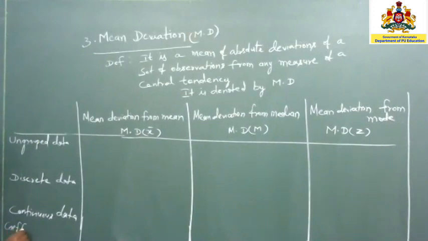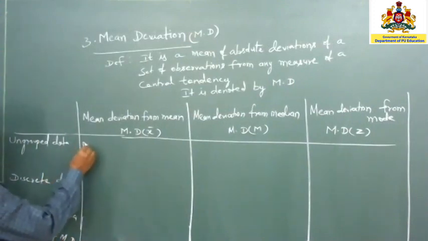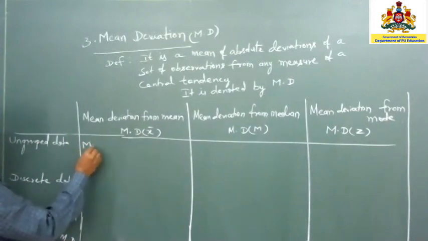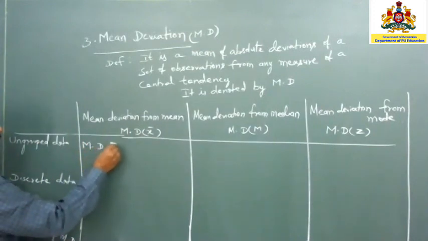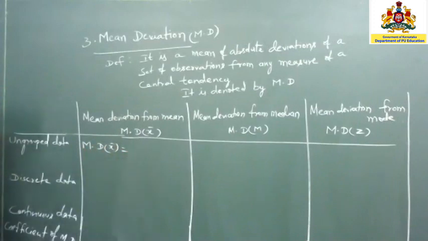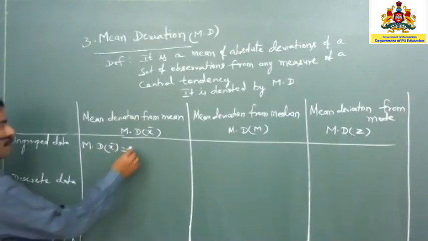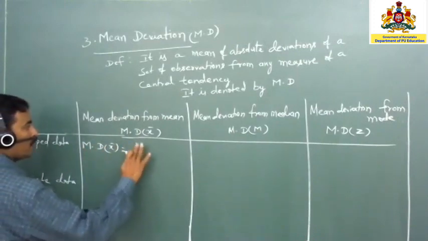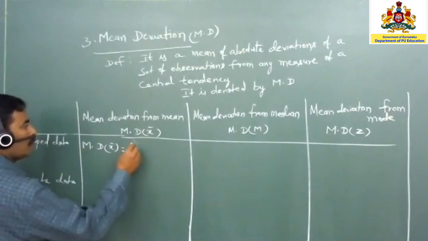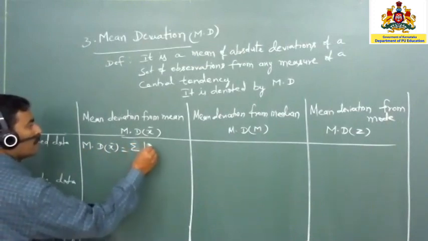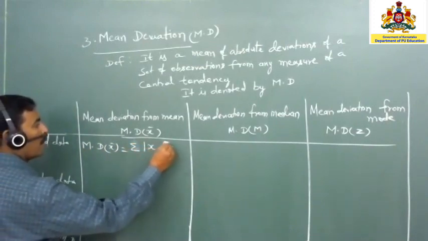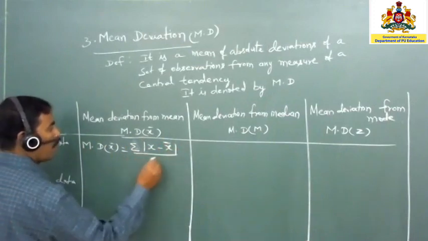Coefficient of mean deviation. In case of mean deviation from mean, for ungrouped data, the formula is summation modulus of x minus x bar by n.